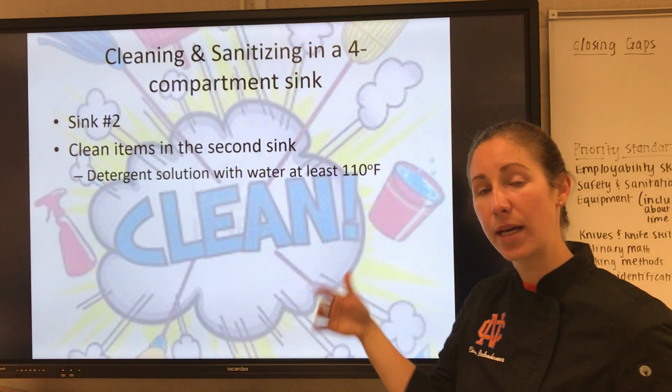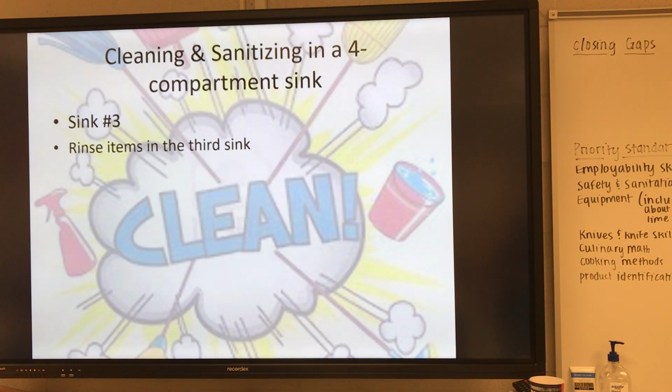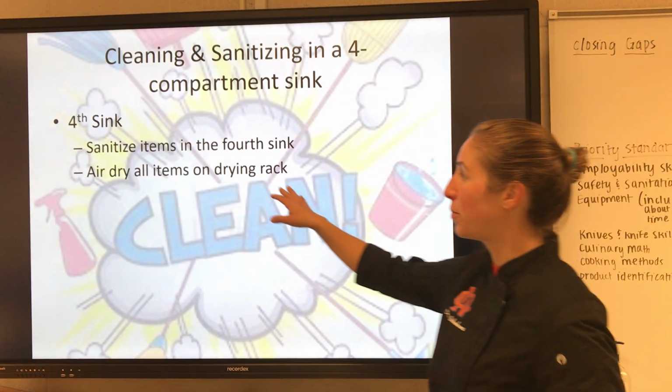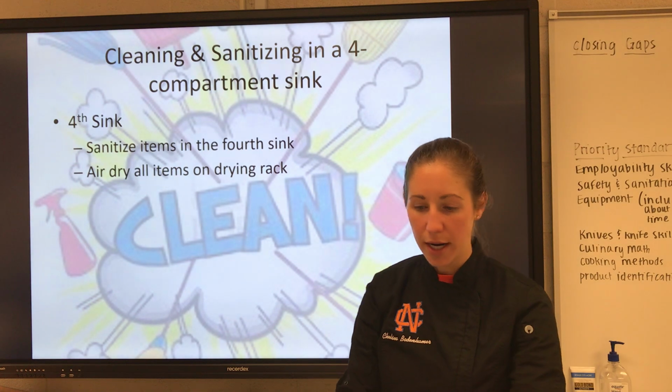The water does need to be hot to cut through any of the grease and build up on your product. Sink number 3 is rinsing. All we have in there is water. Sink number 4 is sanitizing. After we have sanitized, everything gets air dried, okay? This is a big critical piece. Everything is air dried, not towel dried.